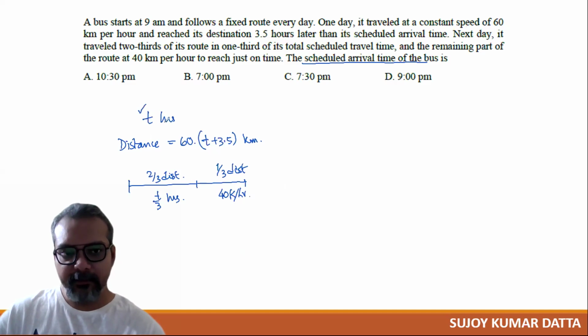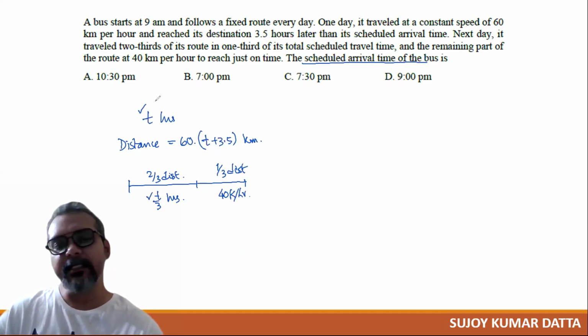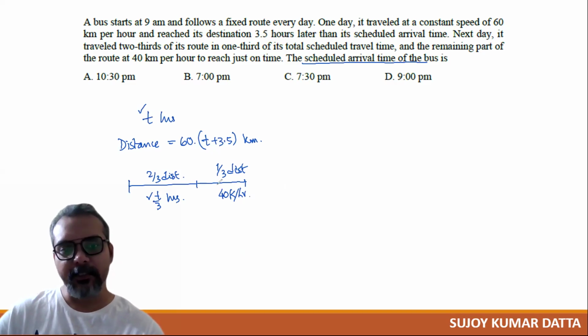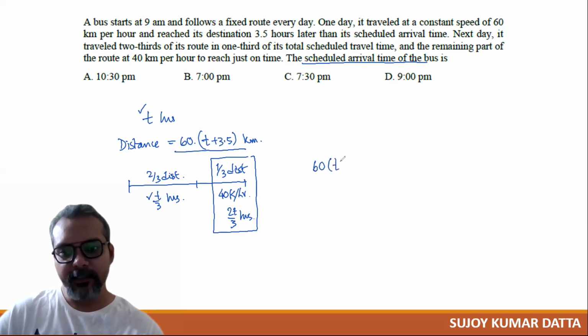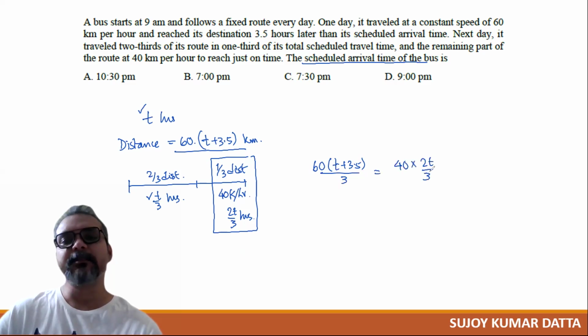Now, if T by 3 is already used up and the scheduled time is T hours and the bus reaches on time, it must have taken 2T over 3 hours. So what we have here is a simple equation, one-third of this distance. So 60 times (T plus 3.5) upon 3 is the speed multiplied with the time. Distance is speed into time.